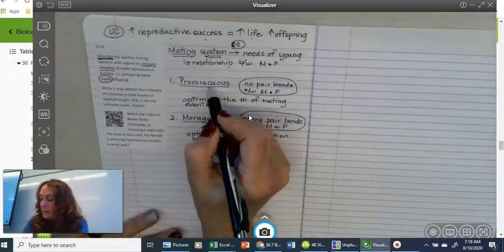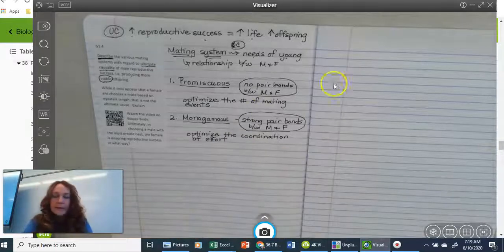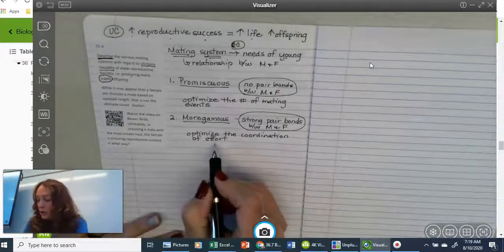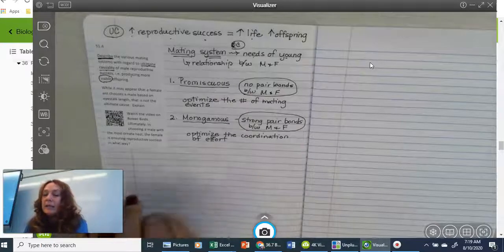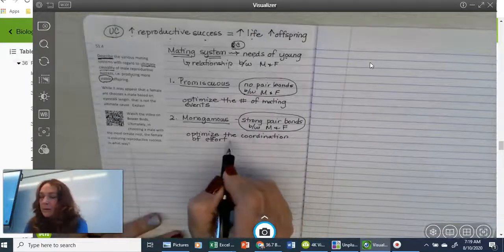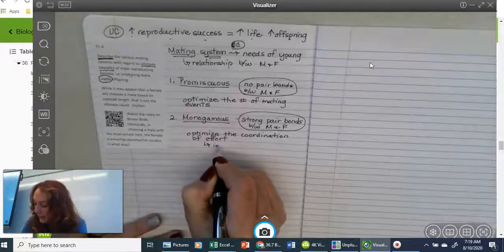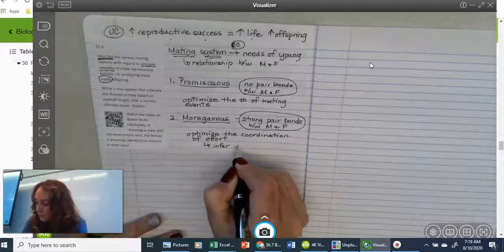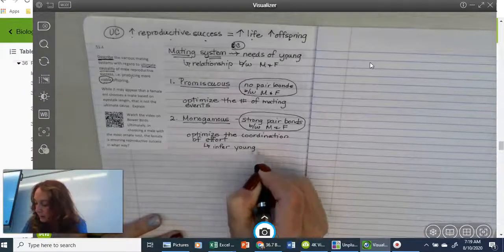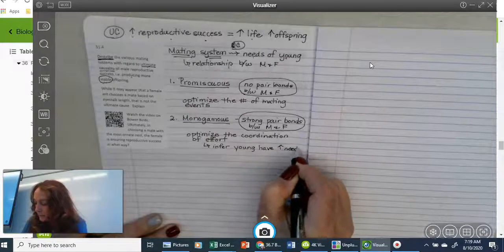So let's think about these two. These two are very different from each other. If you're optimizing the coordination of effort, I can infer that you're going to have young that need both parents. So I'm going to come over here and put that. I can infer that the young have high needs.